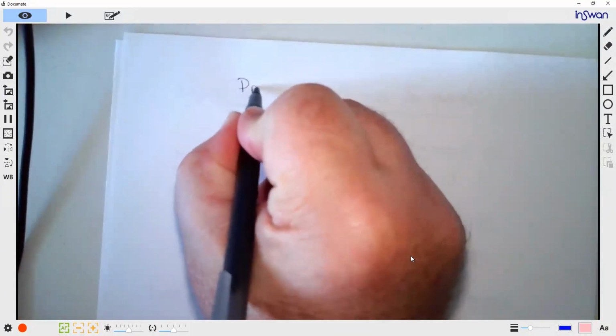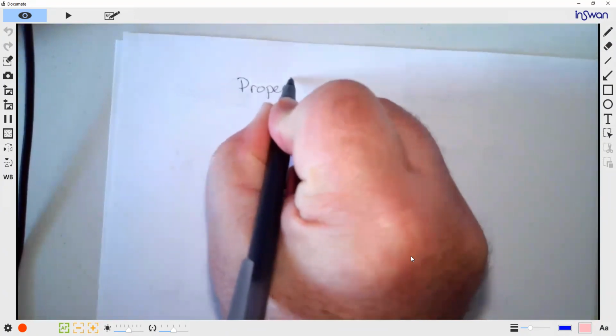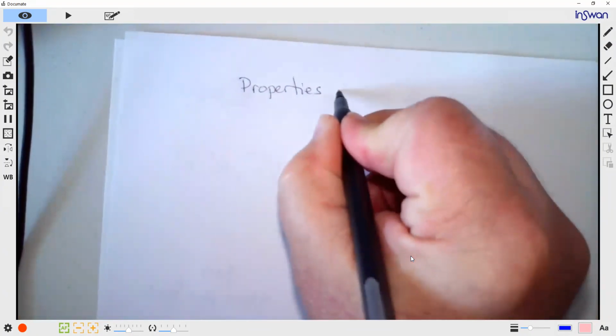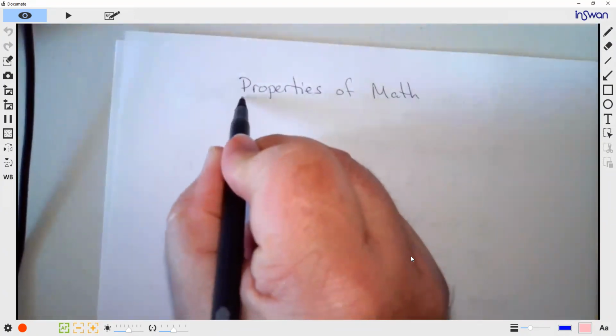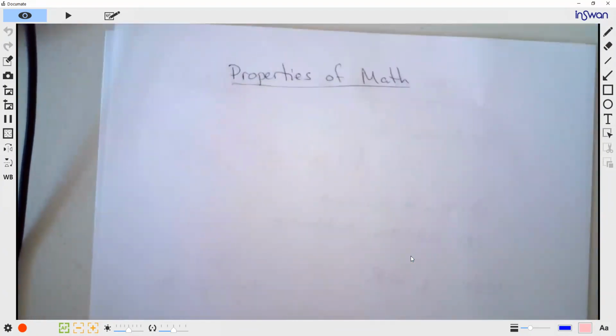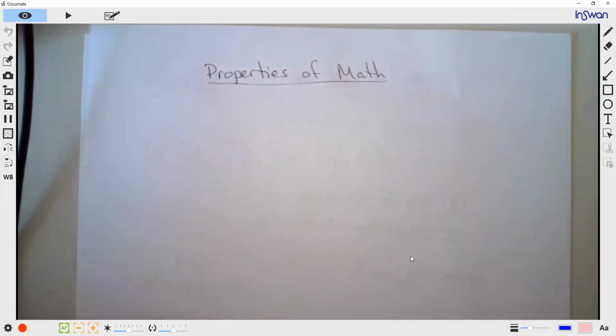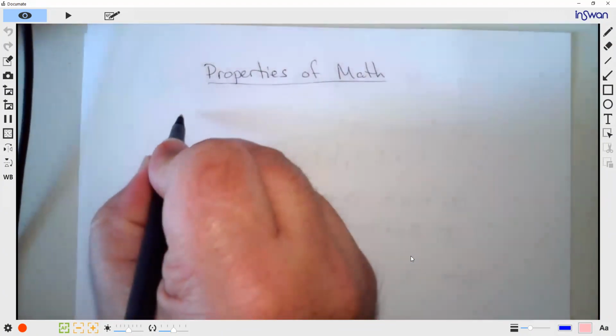Okay, the next thing we're going to talk about are the properties of math. This tells us when and how we should do stuff and what we can do.